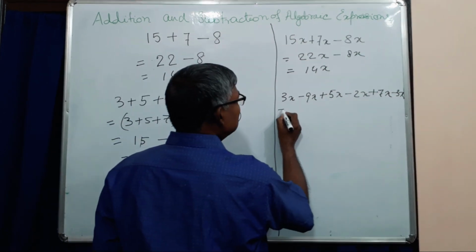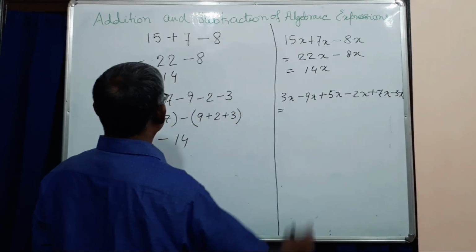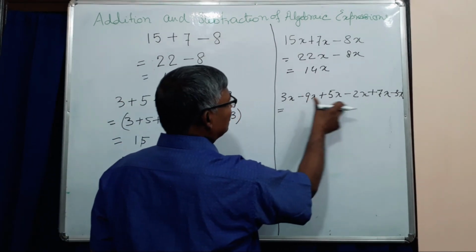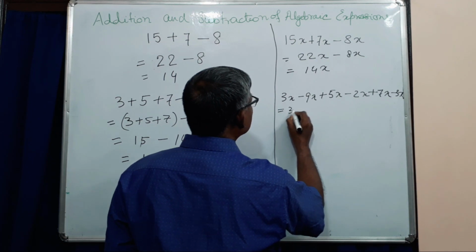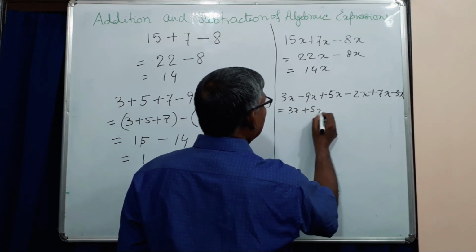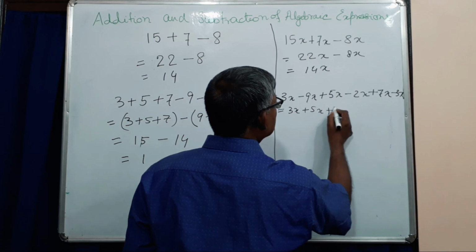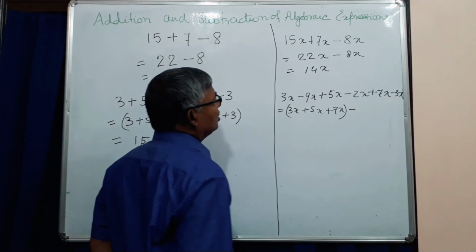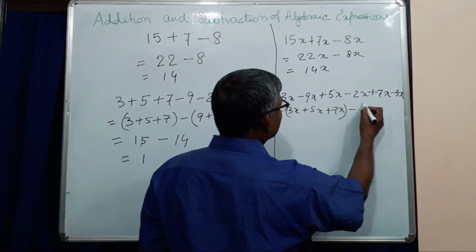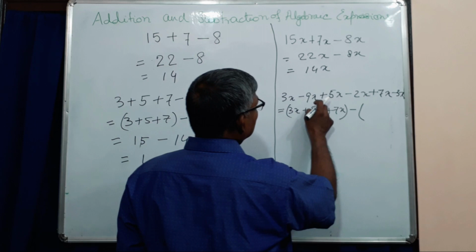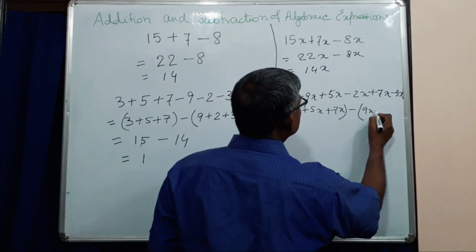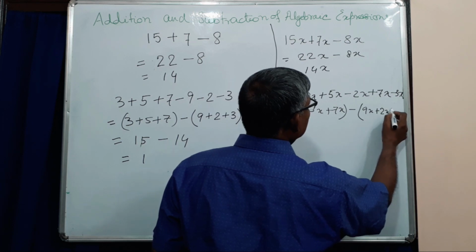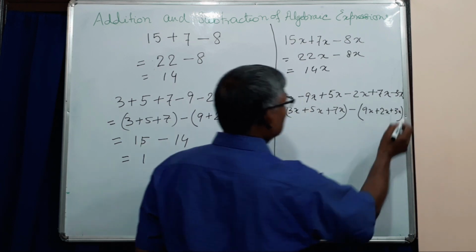We have already learned all positive to be taken, 3x plus 5x plus 7x, and all negative to be taken common, minus 9x plus 2x plus 3x.